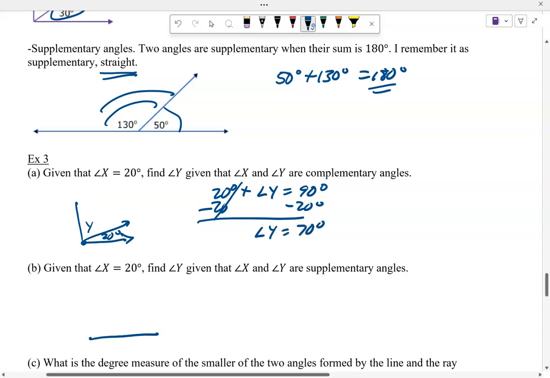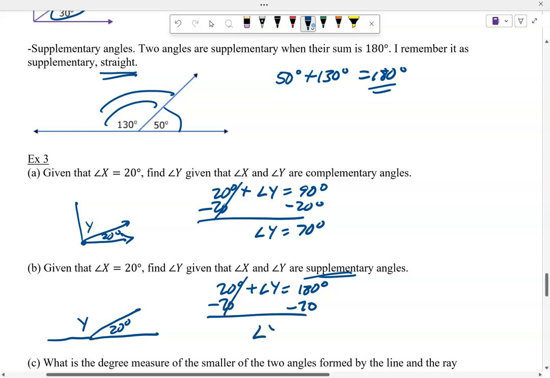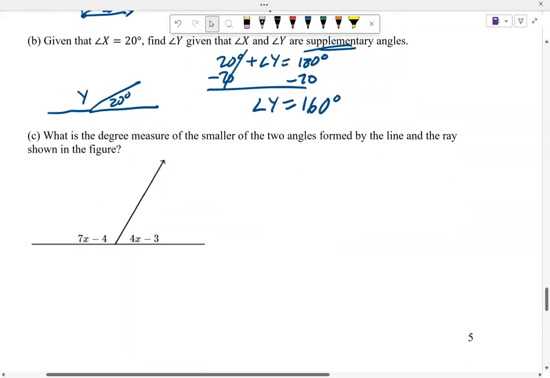Now if you have angle x being 20 degrees, and now it says they're supplementary, so they add up to 180 degrees because they're supplementary, then you could solve that. So angle y must obviously be 160 degrees.